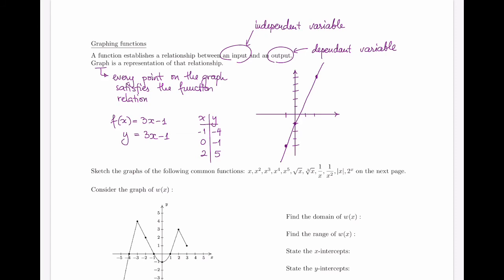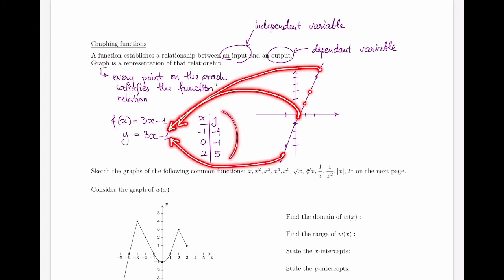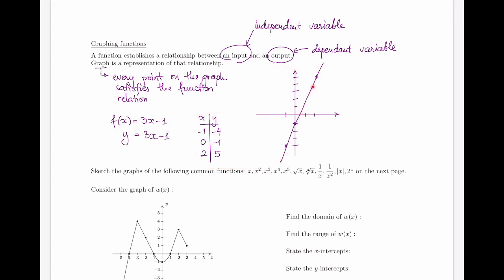What is important to recognize is that while I only sketched 3 points, every single point on this line that I choose will have x and y coordinates that satisfy this relationship. Every single point on that line, out of the ones that I chose or out of any of the other ones, and there's infinitely many of them, will satisfy this relationship.